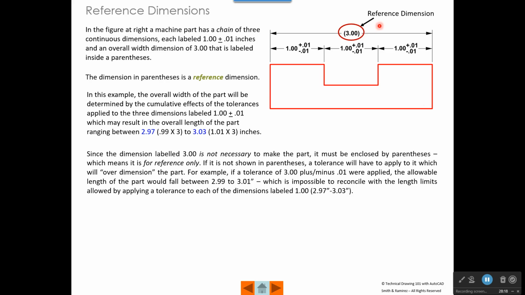That would mean the widest this could be is 3.01, and the narrowest it could be is 2.99. Well, we can't reconcile that with the width of this part being as narrow as 2.97 and as wide as 3.03 if we apply these dimensions and tolerances here. So what I'm saying is this has to be a reference dimension.